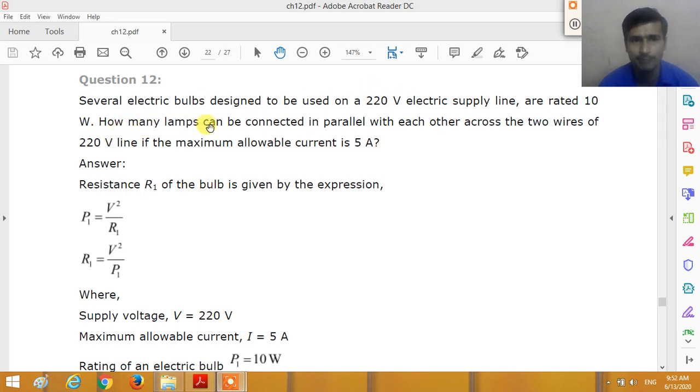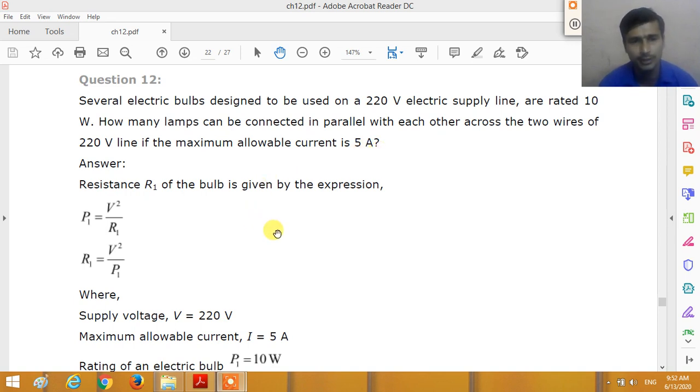How many lamps can be connected in parallel with each other across the two wires of the 220 volt line if the maximum allowable current is 5 ampere? So the current allowed in the circuit is 5 ampere. So how many bulbs can we connect in parallel so that the maximum current does not exceed this?